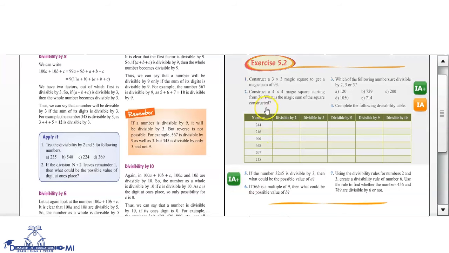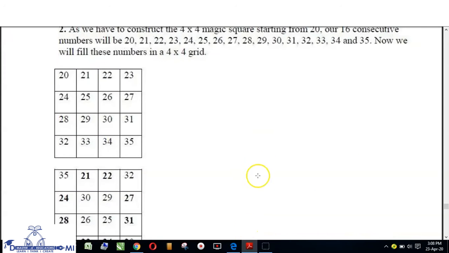Question number 2 asks us: construct a 4 cross 4 magic square starting from 20. What is the magic sum of the square constructed? So we have to construct a 4 cross 4 magic square starting with 20, and we have to find its magic sum as well. Let us move to the solution now. Again, we are on page number 15, question number 2.